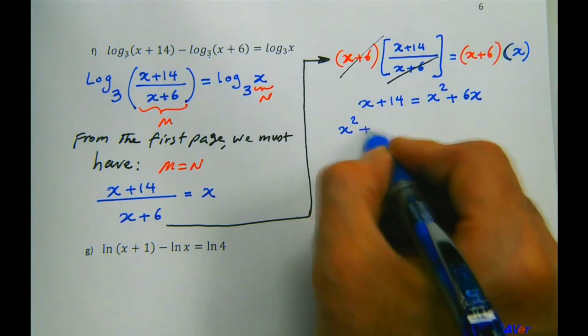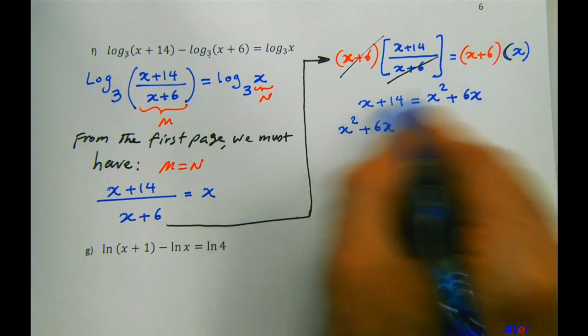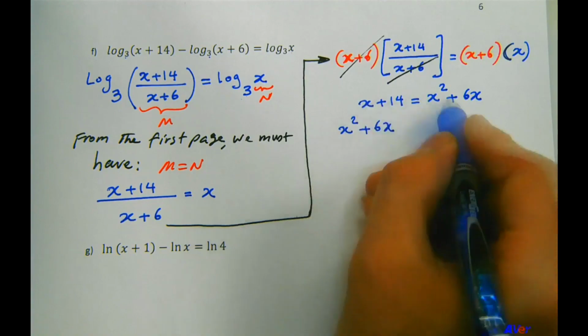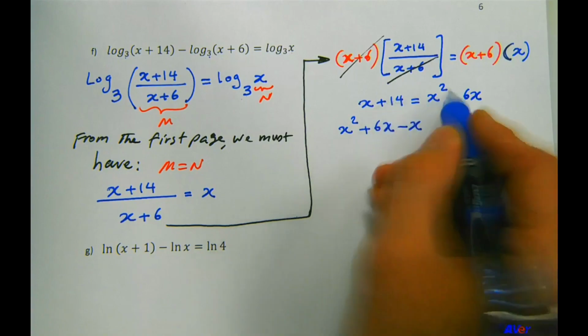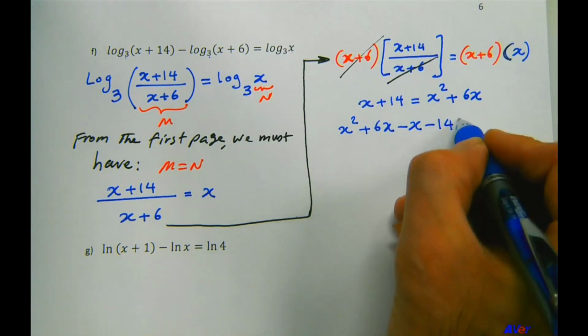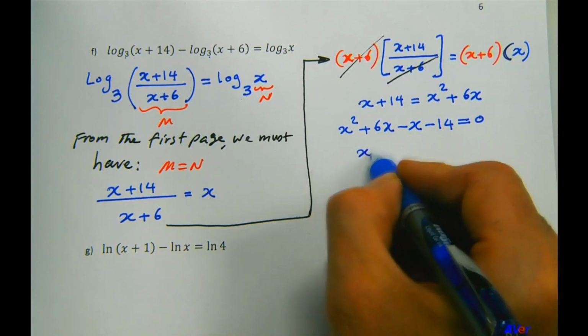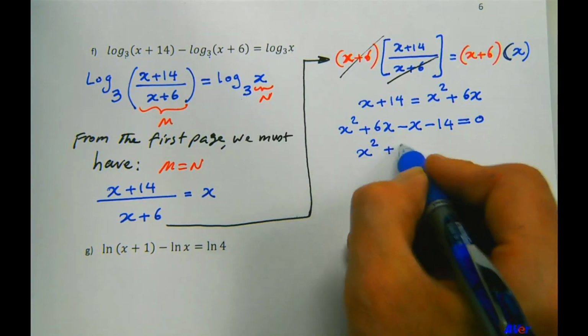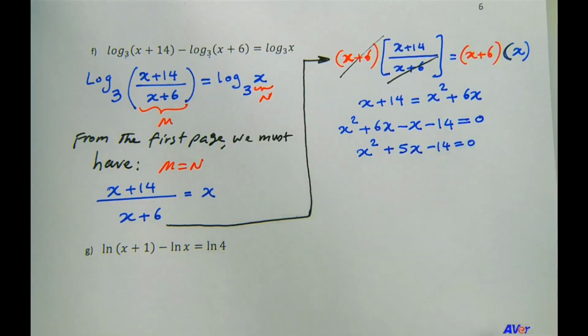So x squared plus 6x, I'm going to move these two to their side. X is positive on this side. When I move it, it becomes minus x. 14 is positive on this side. When I move it, it becomes minus 14 equals 0. So let's combine these. We get x squared plus 5x minus 14 equals 0.